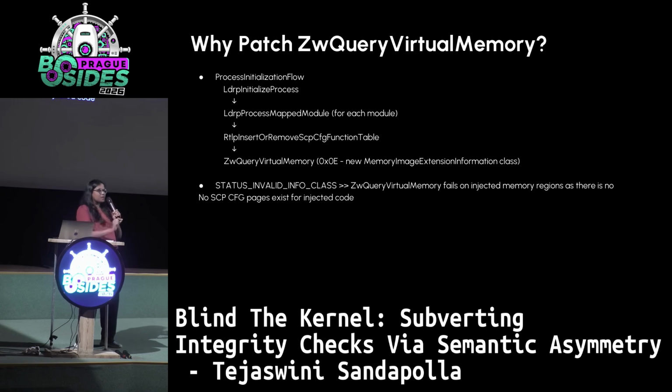Because of the MEM_IMAGE and MEM_PRIVATE conflict, this throws an error and you will get a fault and your payload will not execute in Windows 11. So any process that performs process injection or process hollowing will not execute in Windows 11 if these two functions are not patched. Now, moving on.